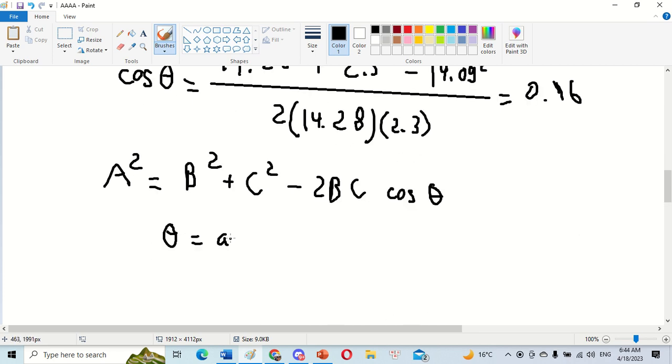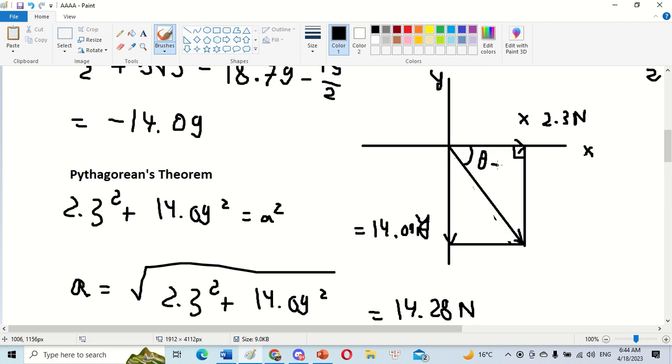That is the inverse cosine of 0.16. So this one is approximately 80.64 degrees. And this is the angle of this one. That is the end. Thank you for watching.